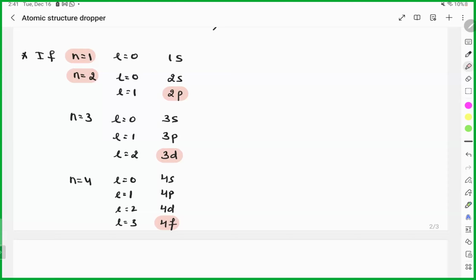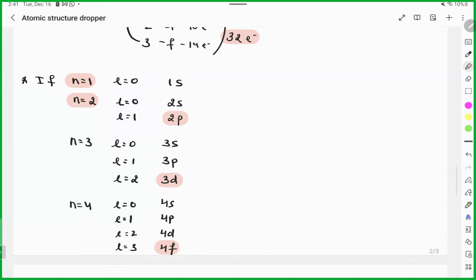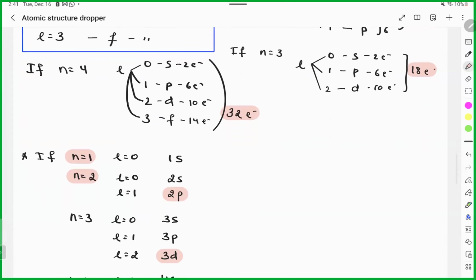So this is very, very, very important because we have 39 PYQ questions only from the quantum numbers. Remember this, and all are related with this. If the value of n is the same, then you want to see what will be the energy.